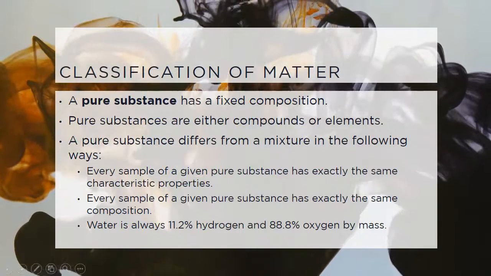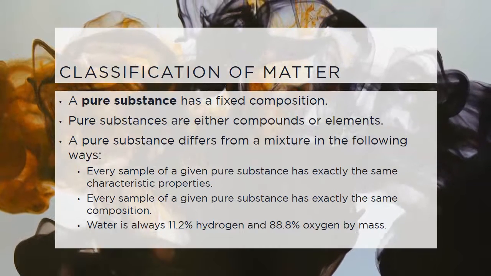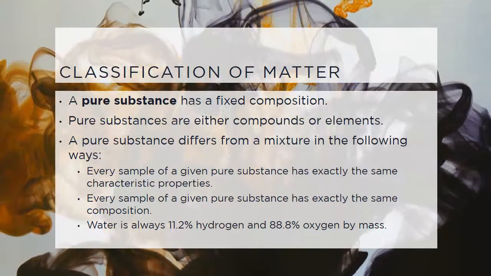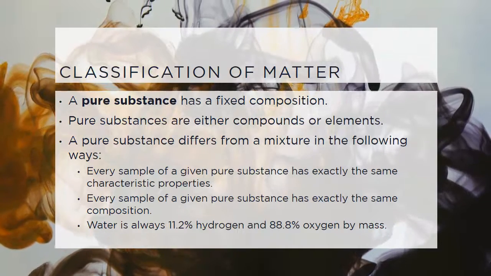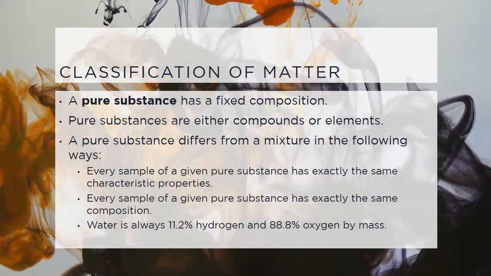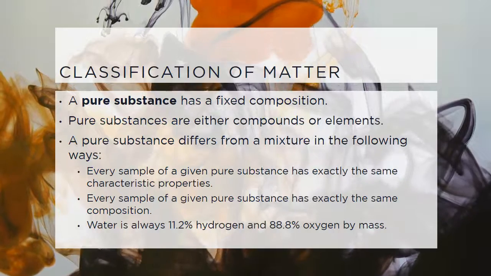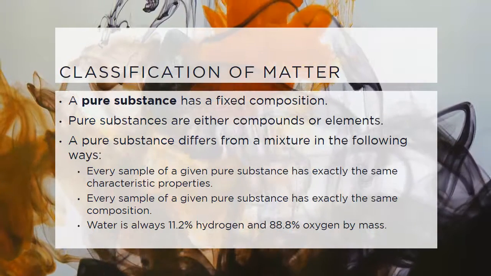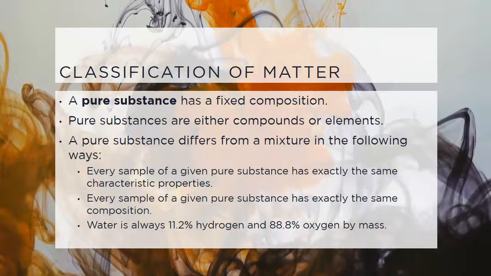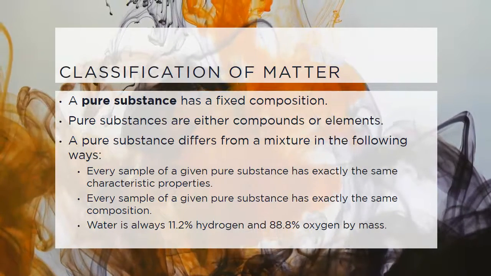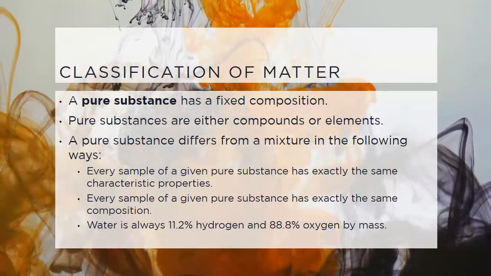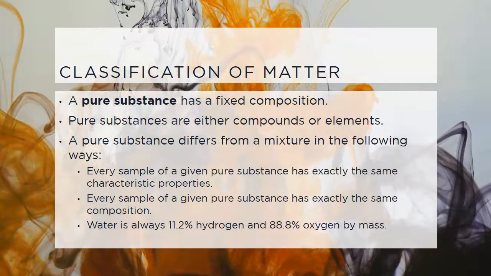So classification of matter. We're going to continue with pure substances. Again, if you think back to that chart, if you want to go back and refer to that, a pure substance can either be a compound or an element. So with pure substances, every given sample has the exact same characteristics or properties.